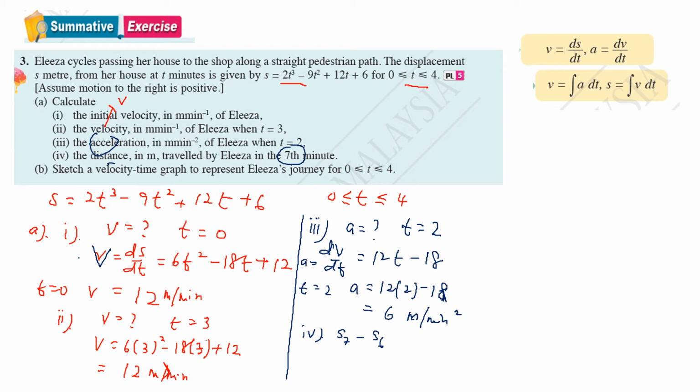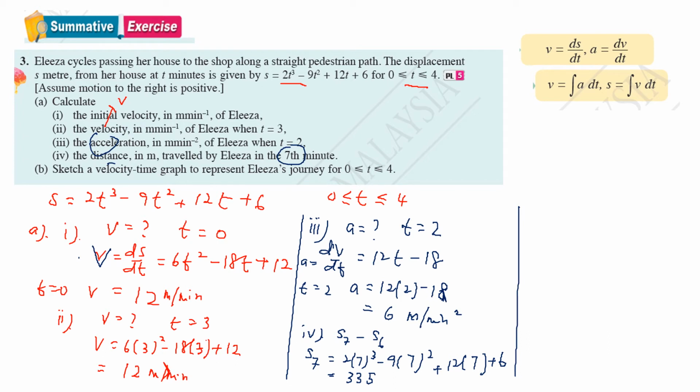Substitute t is 7: s7 is 2 times 7 cubed minus 9 times 7 squared plus 12 times 7 plus 6. This gives us 335.